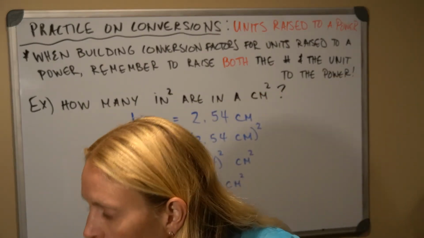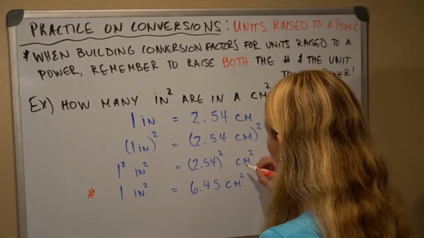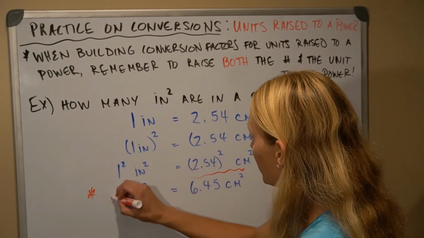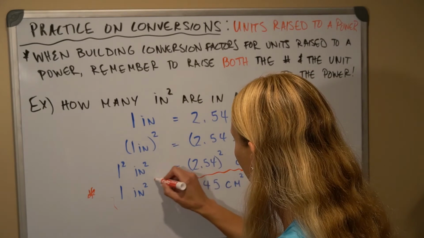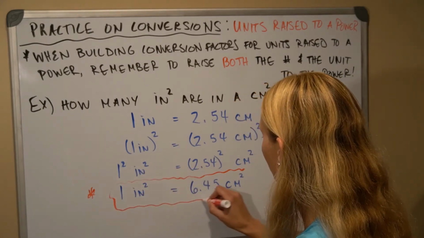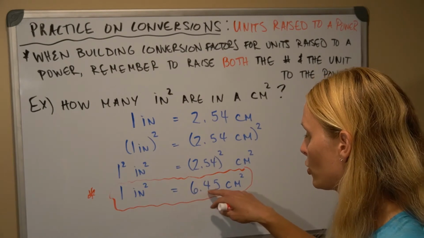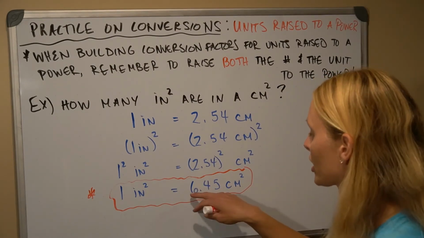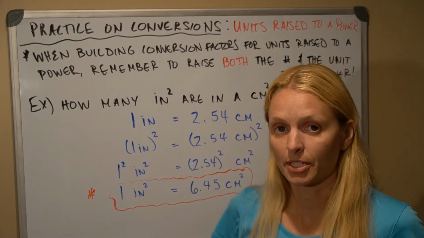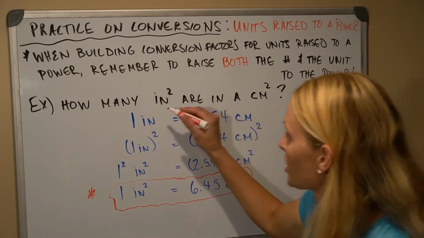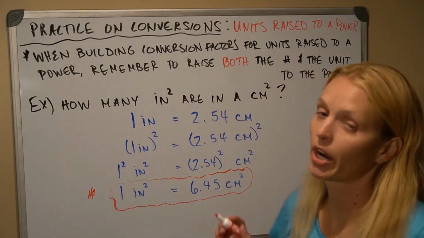So the final conversion factor that you would use in your calculation is 1 square inch is equal to 6.45 square centimeters.